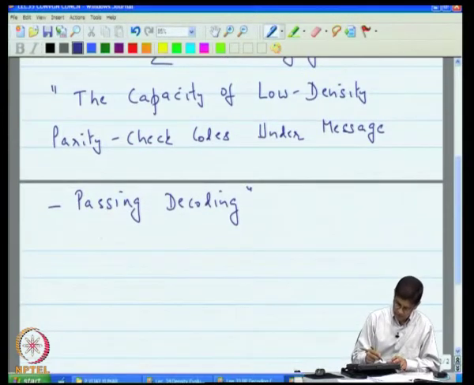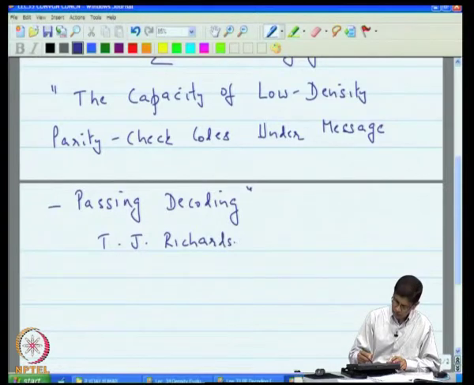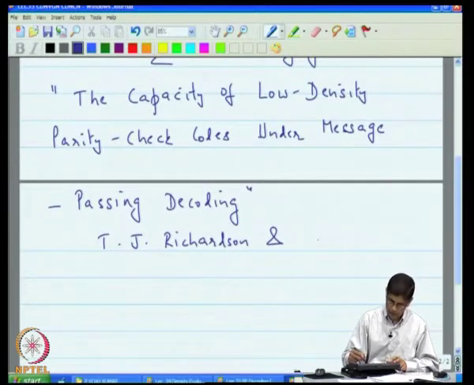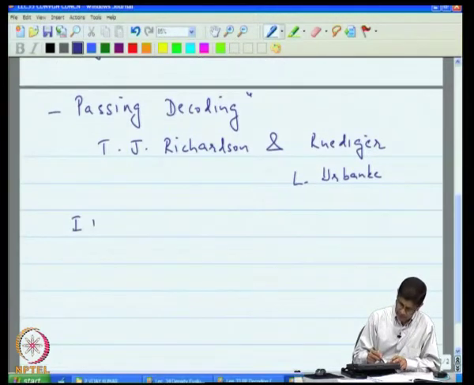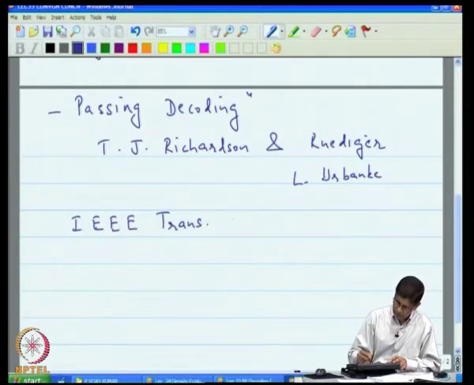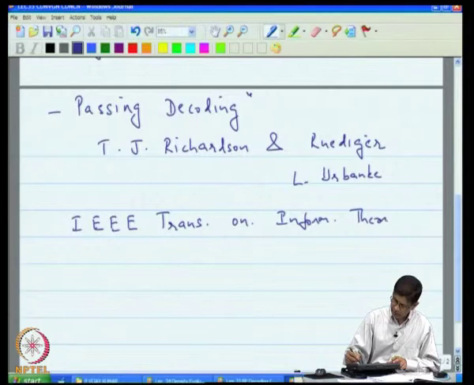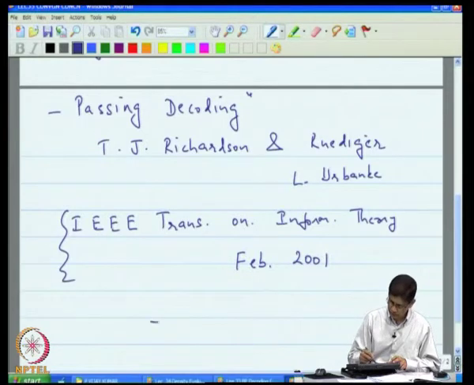The authors are T. J. Richardson and Rudiger L. Urbanke, and this is an IEEE publication, the IEEE Transactions on Information Theory, February 2001.